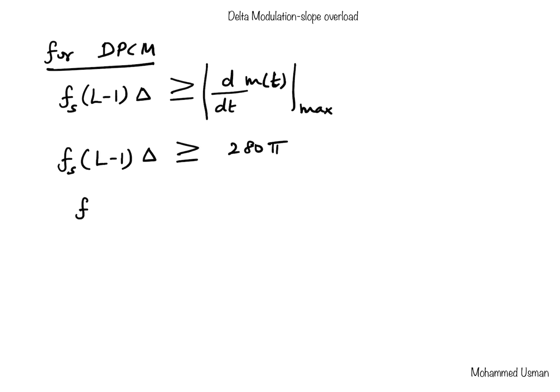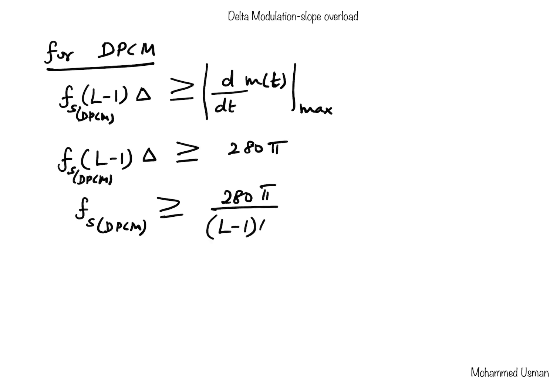So now we can write Fs again, in brackets DPCM. The Fs for DPCM should be at least 280 pi divided by L minus 1 times delta.